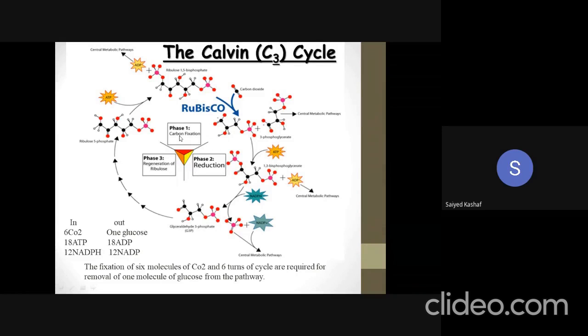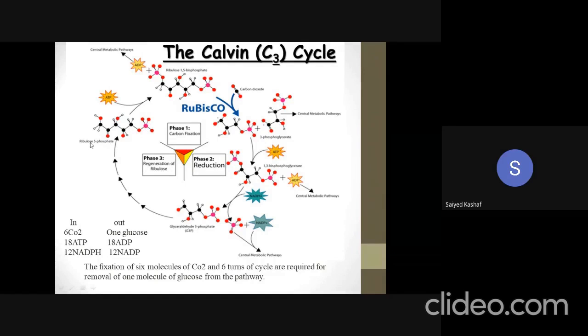So how will we fix the carbon dioxide? First of all, we should know that RuBP, that is ribulose 5-phosphate, is a 5-carbon compound. You can see these black balls, which represent the carbon: a 5-carbon compound to which a phosphate group has been attached.